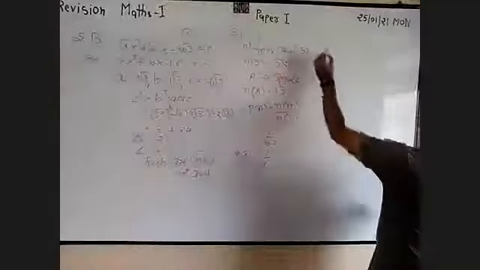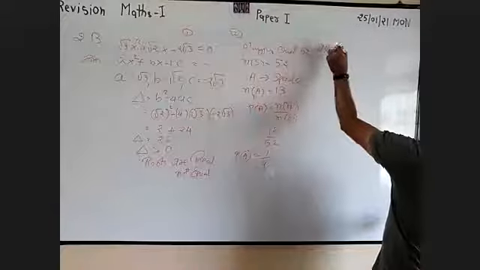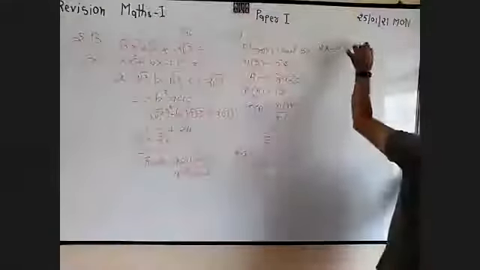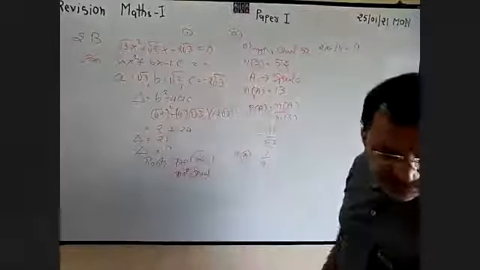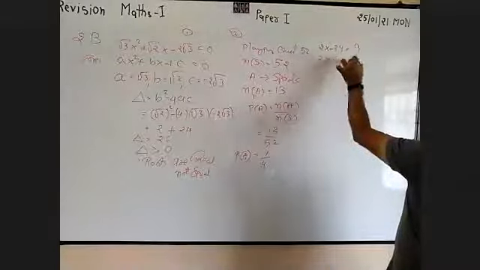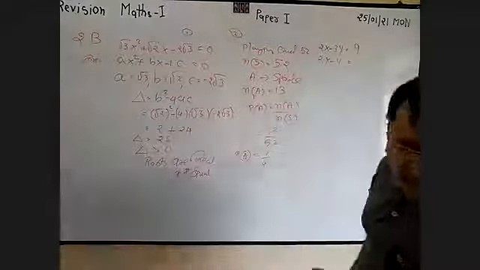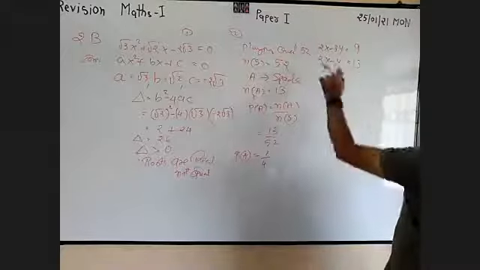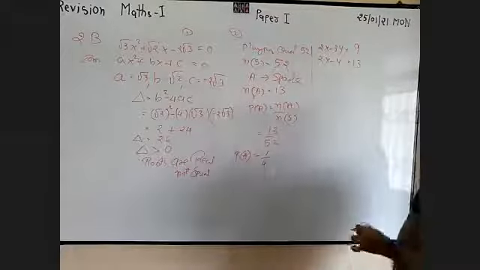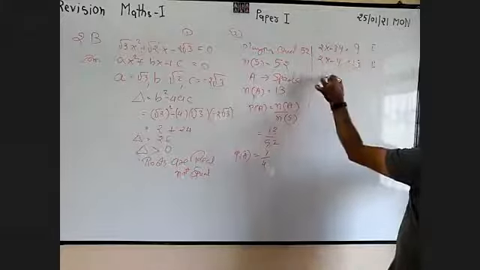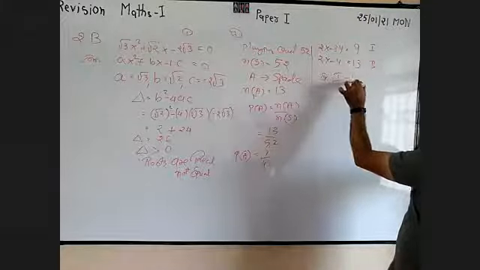2x minus 3y is equal to 9, 2x minus y is equal to 13. Equation 1, equation 2. Equation 1 minus equation 2.